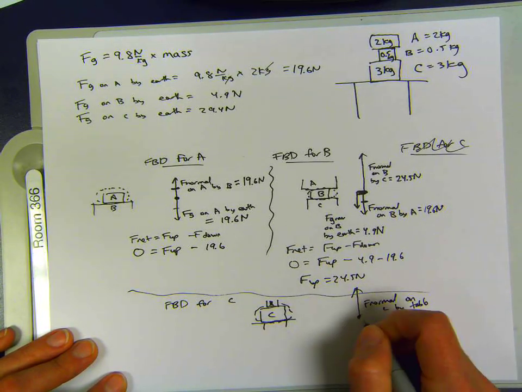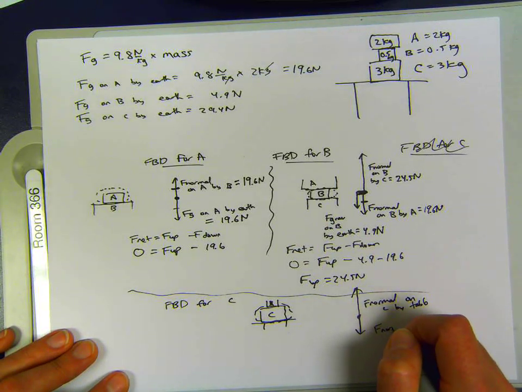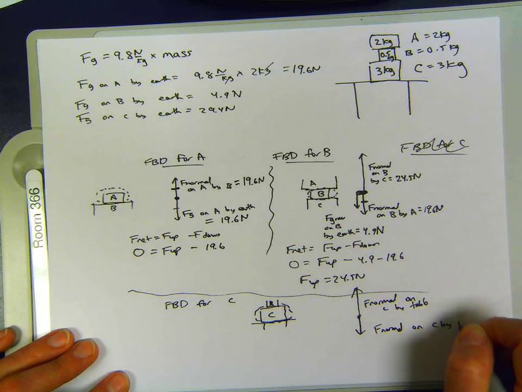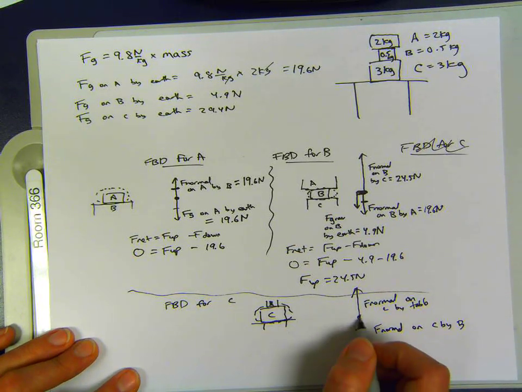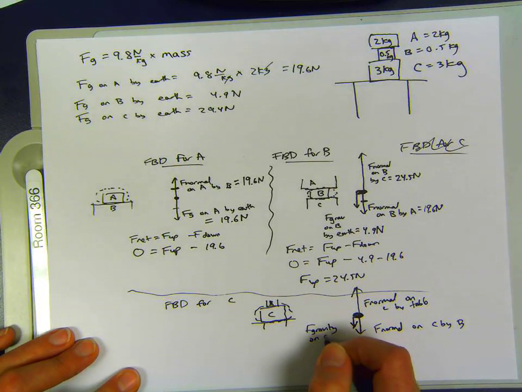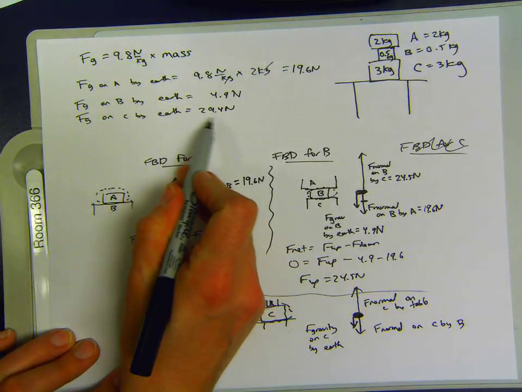And box B is above, so it's going to push down with the surface force, F normal on C by B. Those are the only things touching it. We know gravity can act without touching it. I'll make that a little wider so I can squeeze in F gravity on C by Earth. Oh, I take that back. I do know how long to make it. I solved for that up here.